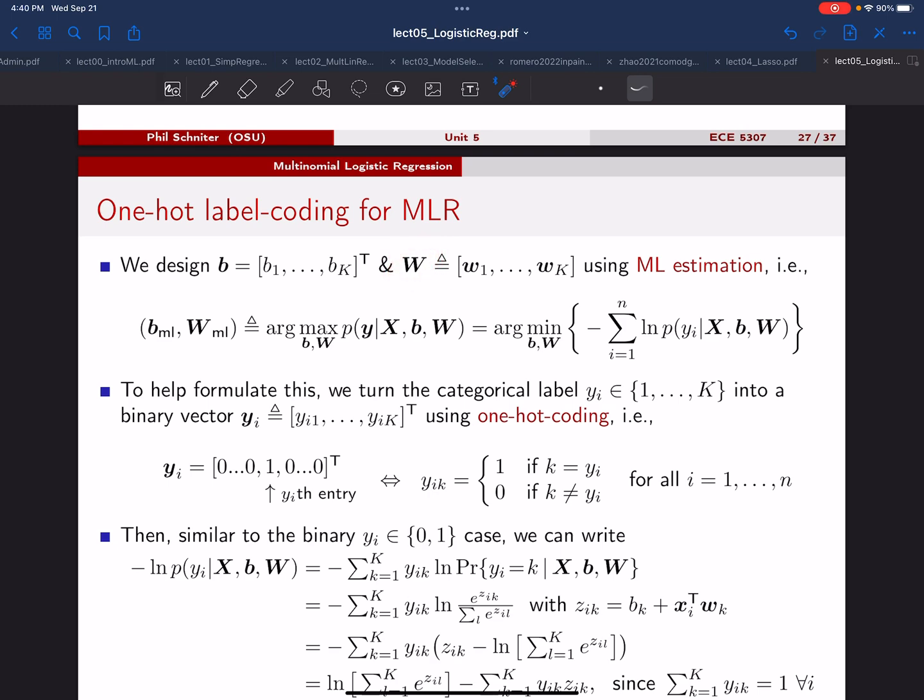And so what we'd like to do is maximize over the parameters b and W the probability of my training labels given my training features and the parameters. We know that's maximum likelihood.